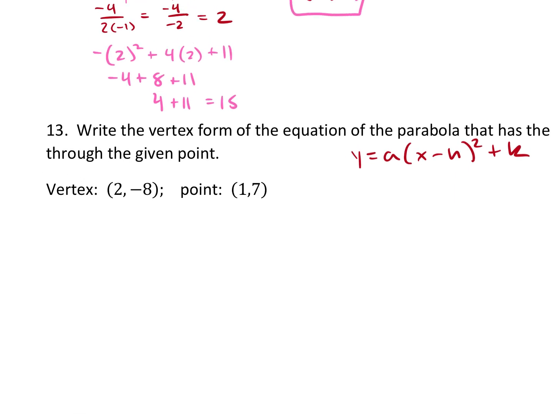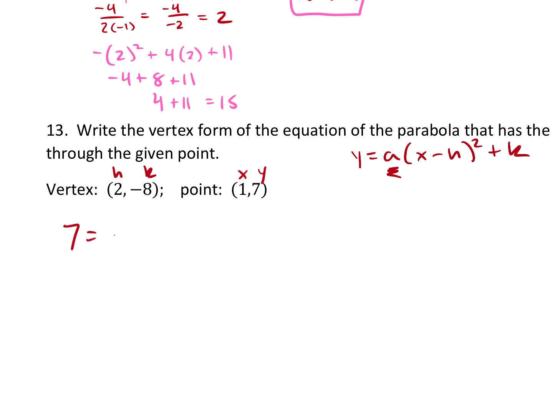Do I have either my y, a, x, h, or k? Do I know anything? What do I know? H and k come from my vertex, and x and y come from my point. So I'm missing the a, but I can plug everything in to find what the a is. So I'm going to plug everything in.